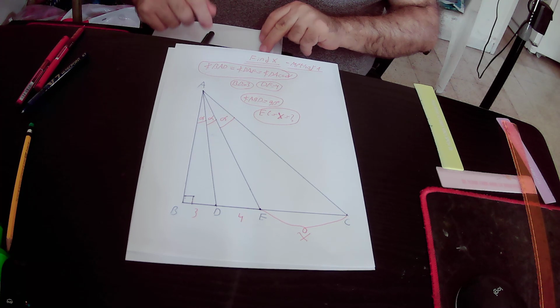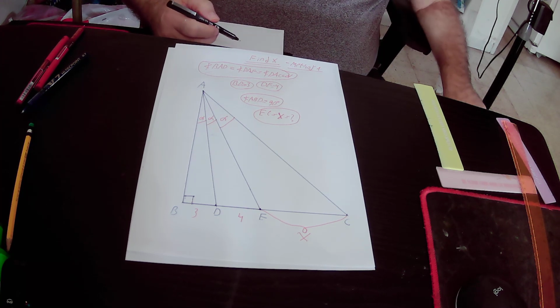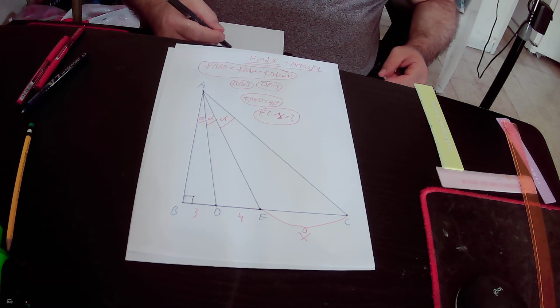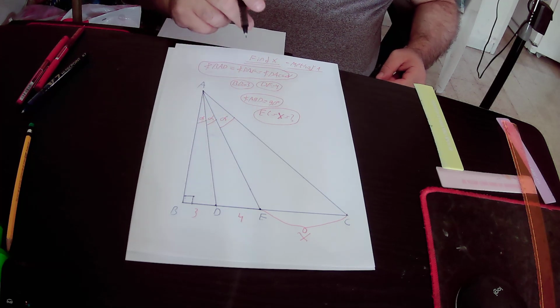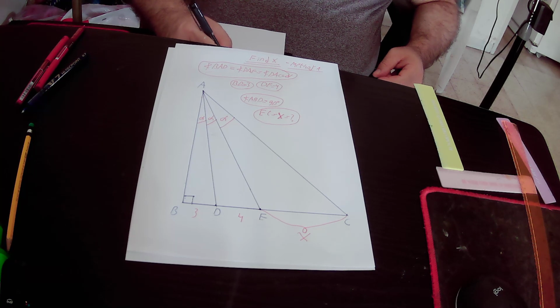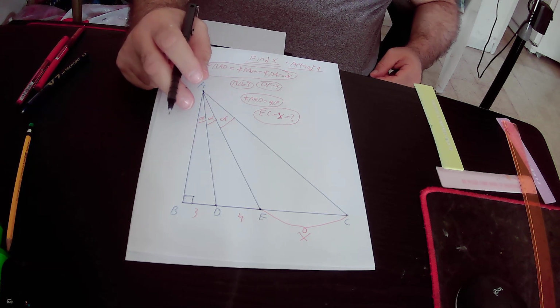Therefore, according to the angle bisector theorem, angle bisector AD divides side BE in a ratio of BD over DE, and that ratio equals the ratio between the angle legs.